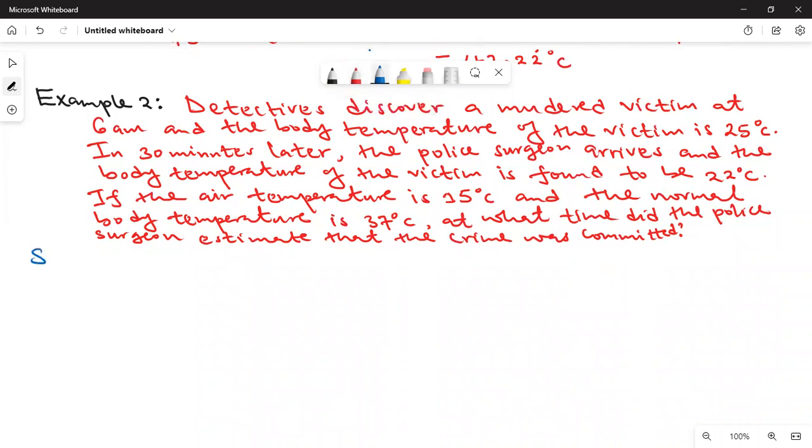So we write here solution. Now we have temperature. Let's start with the time t, and now time we are going to have it in minutes.